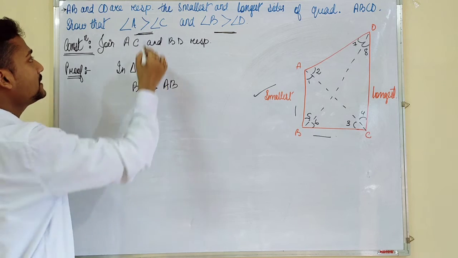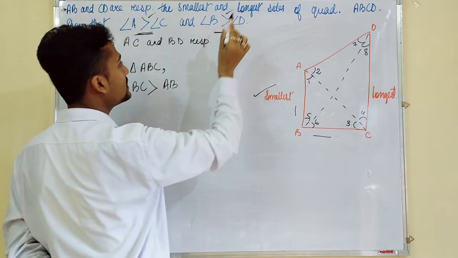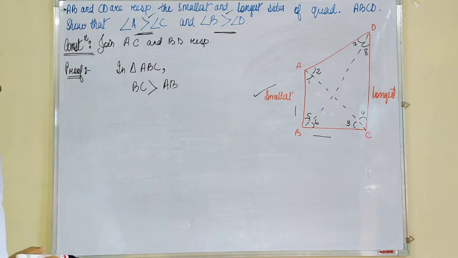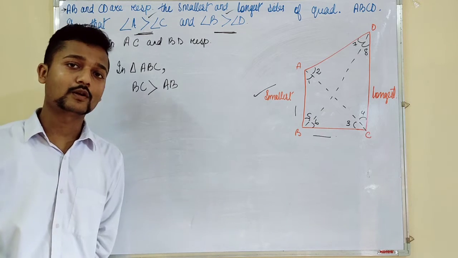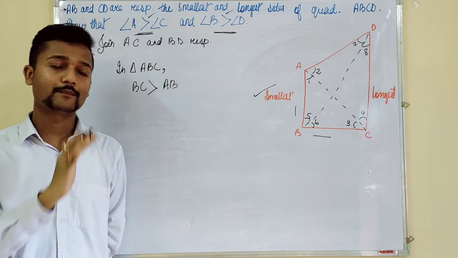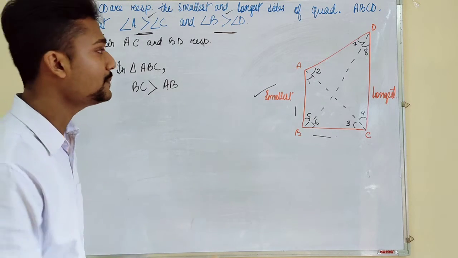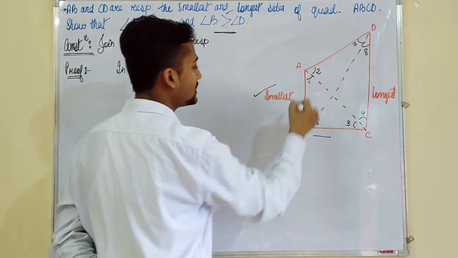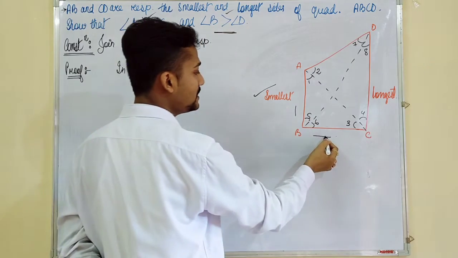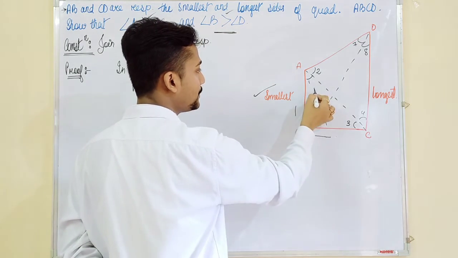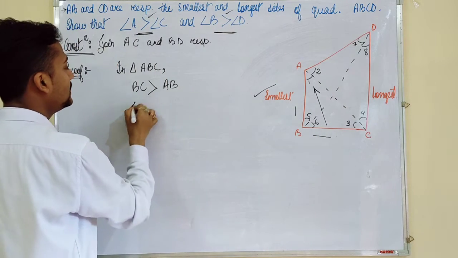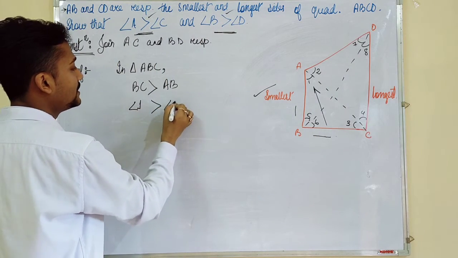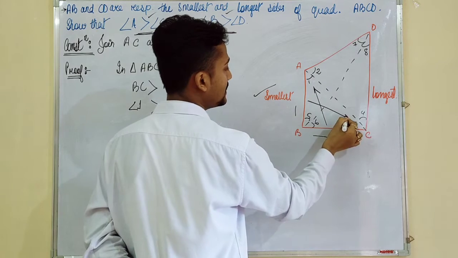Why am I using the greater than sign? Because here it is given greater, here it is given greater. It will become convenient for me if I take greater. If I take smaller, there is nothing wrong in that, but at last we have to write one more step and convert it into the greater than symbol. So we are taking greater than, and hence we have got BC is greater than AB. If BC is greater, that means angle 1 will be greater than angle 3. Isn't it?